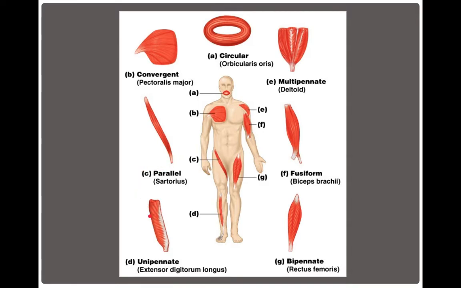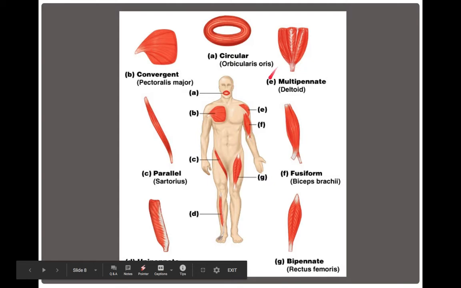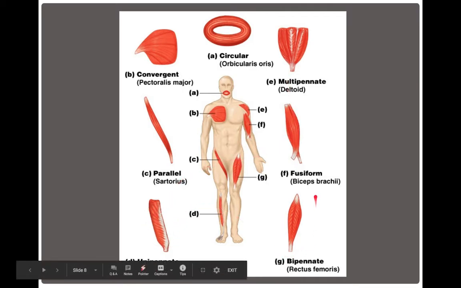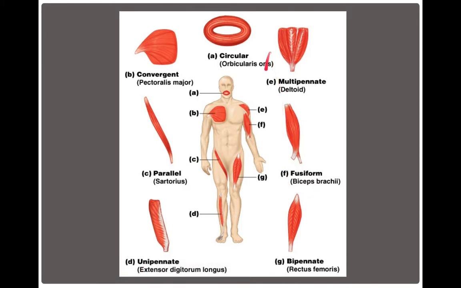And then you have unipennate, bipennate, and multipennate muscles. These are muscles that are named not for their origins, but for their insertion points. And how many of those points do you see? You should be able to see why they would be named unipennate, bipennate, multipennate. And then you have fusiform muscles right there.